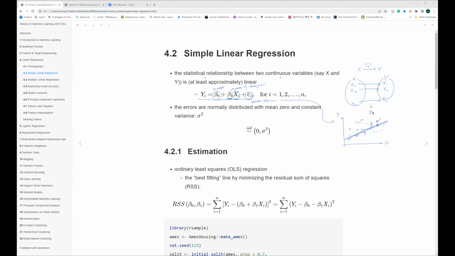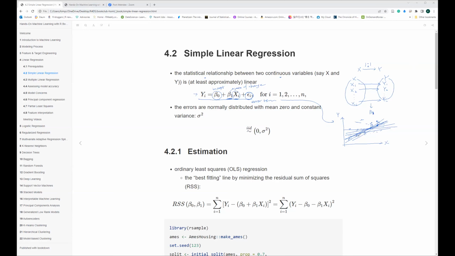This is epsilon, right? But the problem right now is that when we look at a scatter plot, there might be a lot of potential lines like this, right?